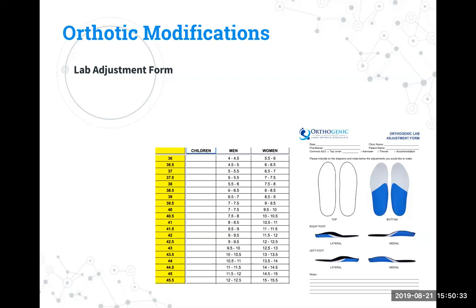You can even circle on the orthotic exactly where these problematic areas are, and any additional notes for the pedorthist who's making the modification. Feel free to always call in too if you're not sure what to do with the modifications. That's why we're here. We're here to help, so give us a call, and we'll be happy to make some recommendations based on patient feedback that you're getting.